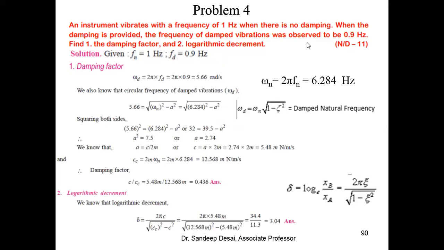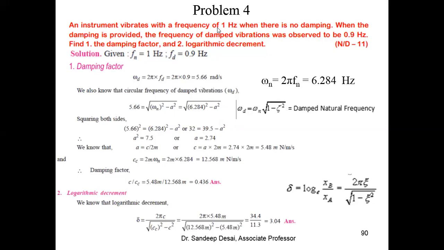Now in the second sentence, when damping is provided, frequency is 0.9 hertz. Now that is fd, natural frequency of damped vibrations, 0.9 hertz. And you can see that natural frequency of damped vibrations is less than natural frequency of undamped vibrations.